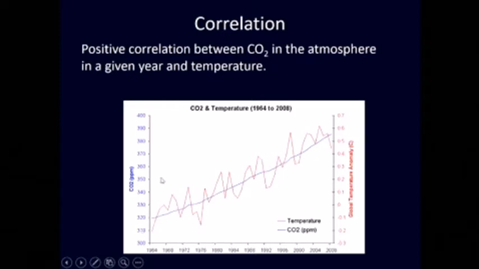But you can see the general trend is that they're going up too, in step with the amount of carbon dioxide in the atmosphere. So these two things are correlated. If you pick two years at random and you find that one year has more carbon dioxide in the atmosphere than the other, most of the time you'll find that the first year was also warmer than the second year.